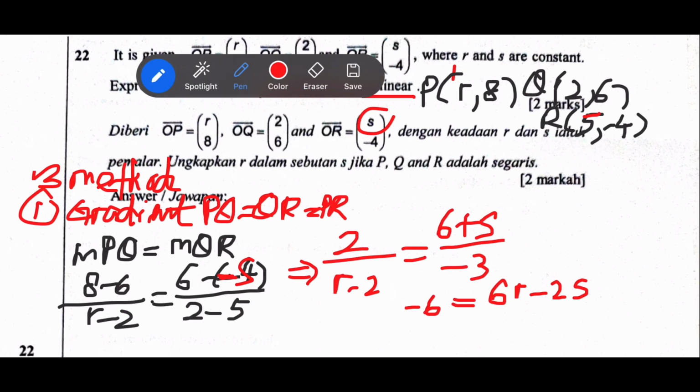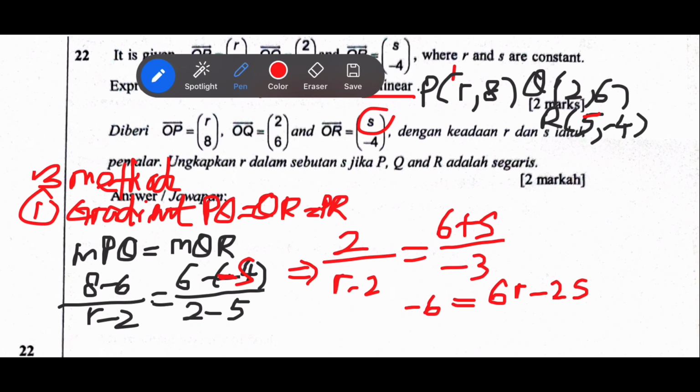So for vectors, when you see a vector, you can always convert the vector to a point. For example, they give you OP, r h, so you can write P as coordinate r h, and then Q they give you 2 6, so you write coordinate 2 6, and the one more point is R, which you write as s negative 4. Then you find the gradient like normally, y2 minus y1 over x2 minus x1.